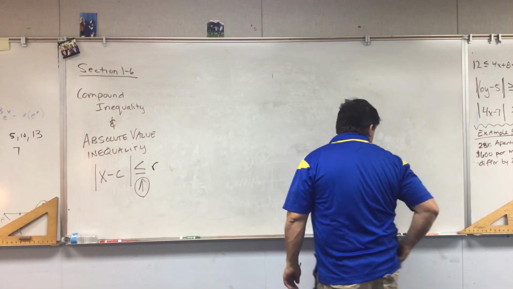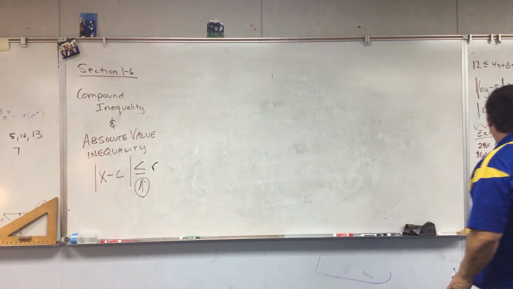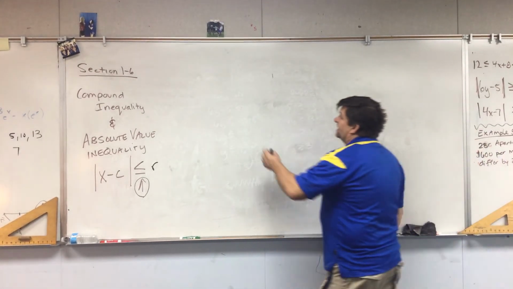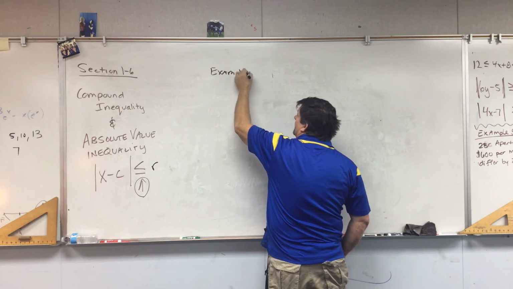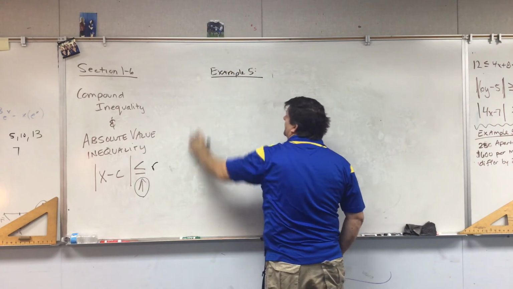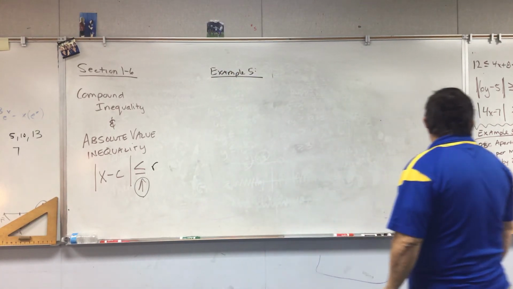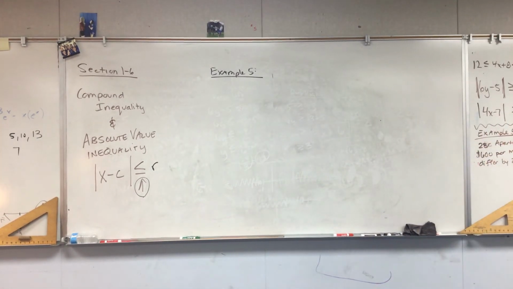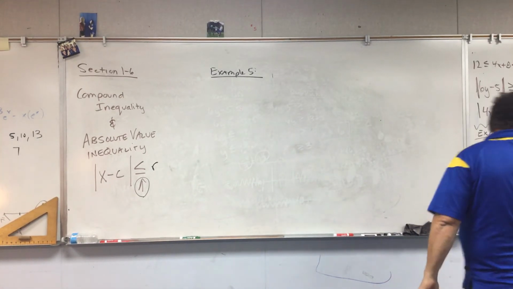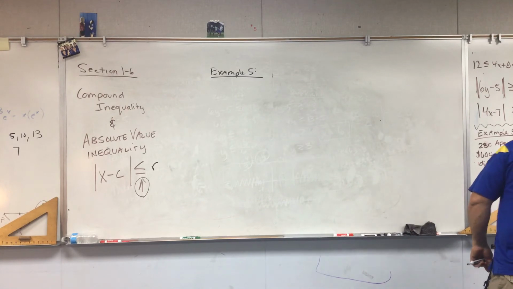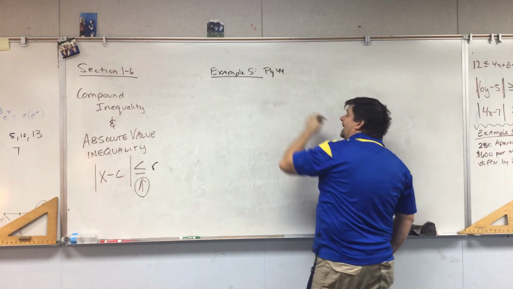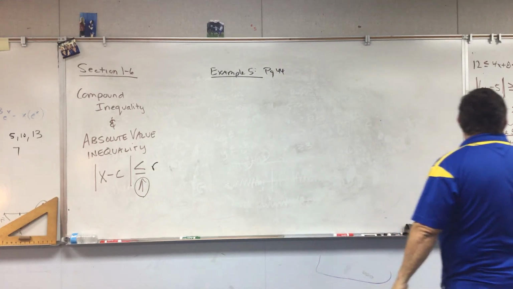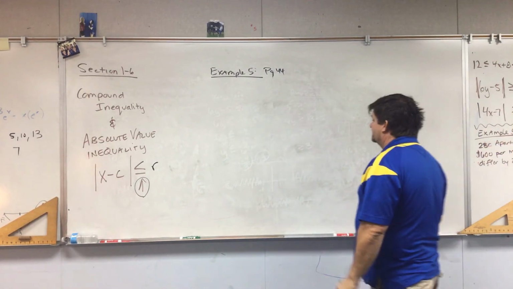All right, so let's look at example 5. Example 5 is on page 44. If you read it, it talks about a 2-bedroom apartment that's $600 per month.